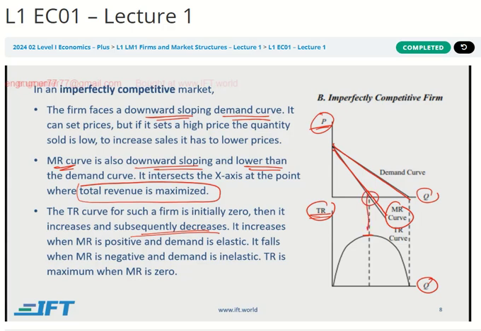So when your MR is at 0, that is the maximum point for your total revenue, because once MR becomes negative, that means that every additional unit you sell is actually not bringing in revenue, it is taking away revenue from you. No point selling anymore, because it's actually going to reduce your total revenue.